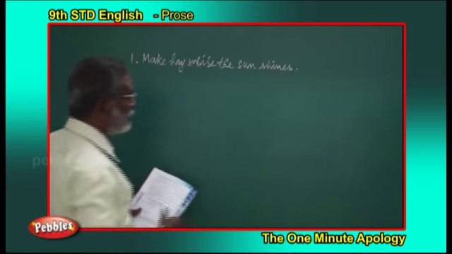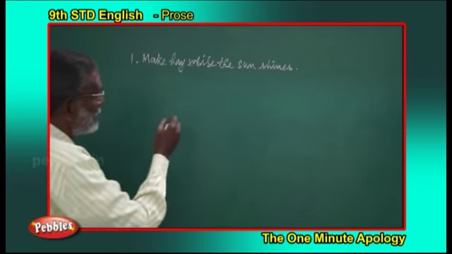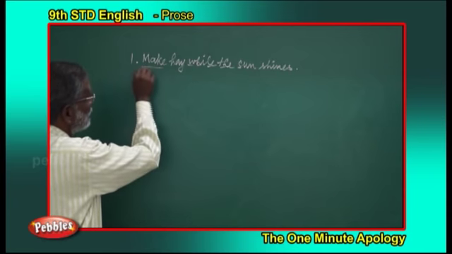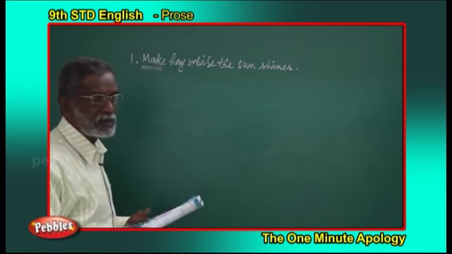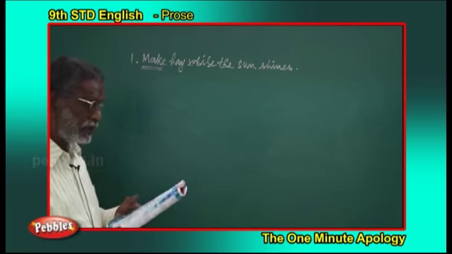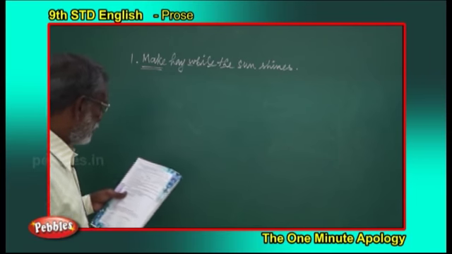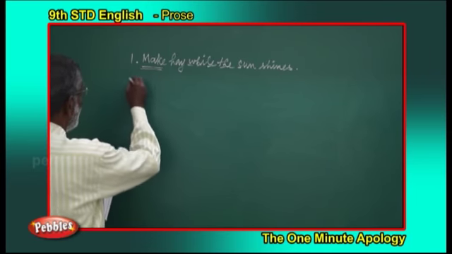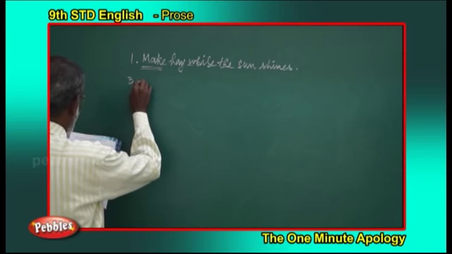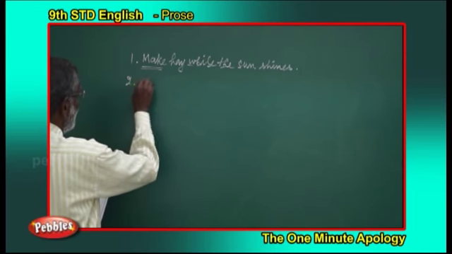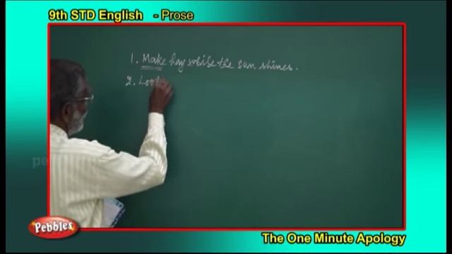You know this proverb very well. Make hay while the sun shines. The sentence starts with the verb, so it is imperative.